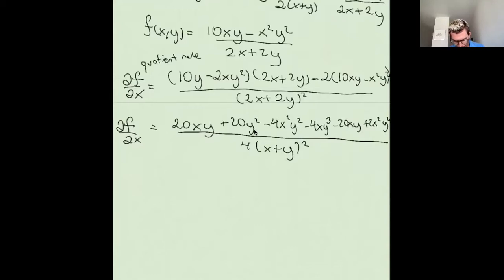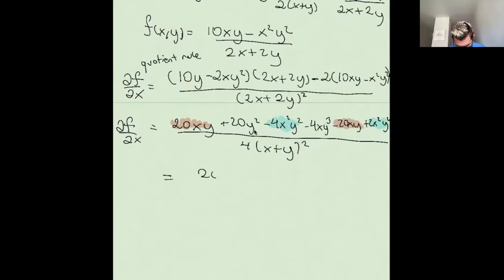Well, these two go away. And then you can factorize a y squared, right? Everything has a y squared. And these two don't cancel, but they can be combined.